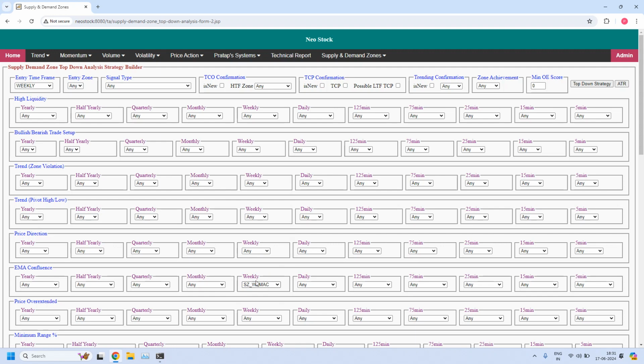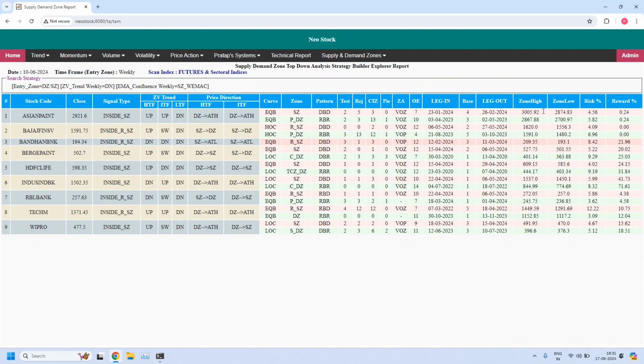But when supply zone is having weekly EMA confluence, zone violation trend, at least it should be downtrend, should not be sideways. So with this combination, we are going to filter the stocks. So total 9 stocks are filtered. Because the list is very small, the further filtering is not required.